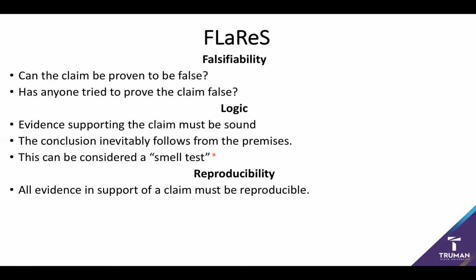And reproducibility. So all evidence in support of the claim must be reproducible. In this case, the original claim was founded on 6 cases in what appears to have been a cherry-picked study that was never reproduced. So if you can't find multiple studies saying the same thing, it's probably not a good claim.